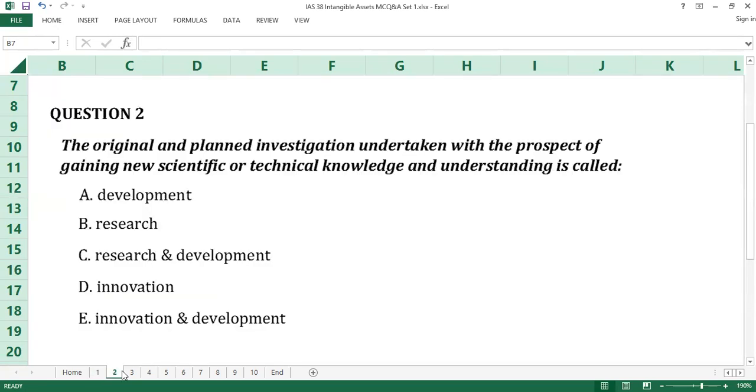Question number 2. The original and planned investigation undertaken with the prospect of gaining new scientific or technical knowledge and understanding is called dash. A. Development. B. Research. C. Research and development. D. Innovation. E. Innovation and development. Time counts.